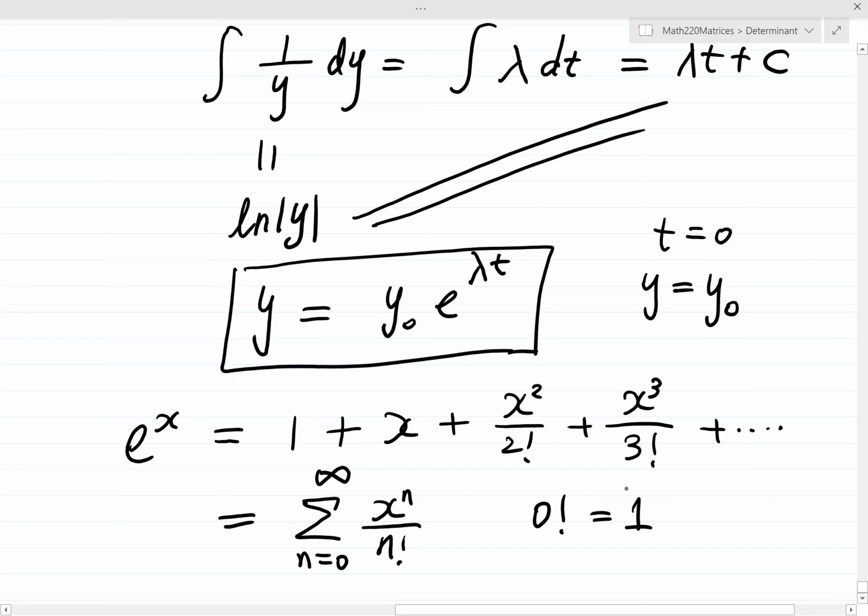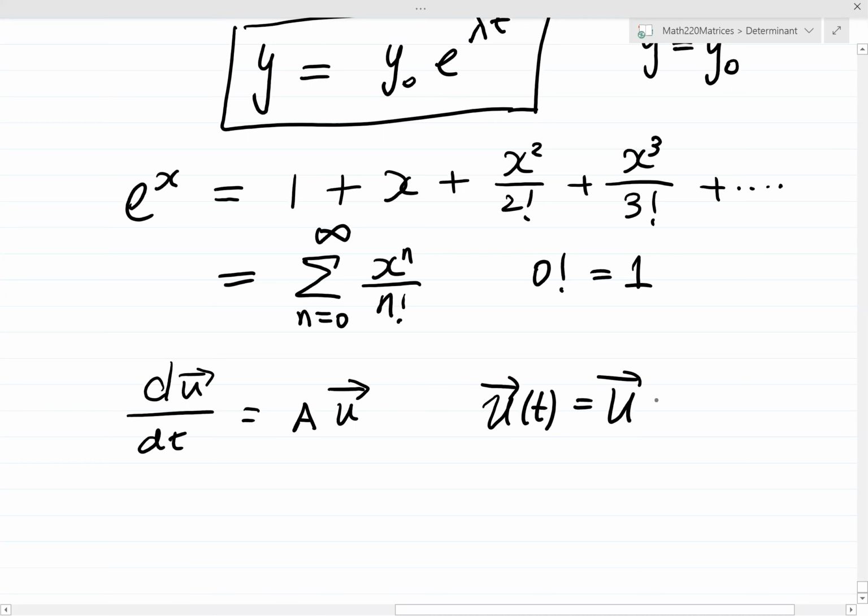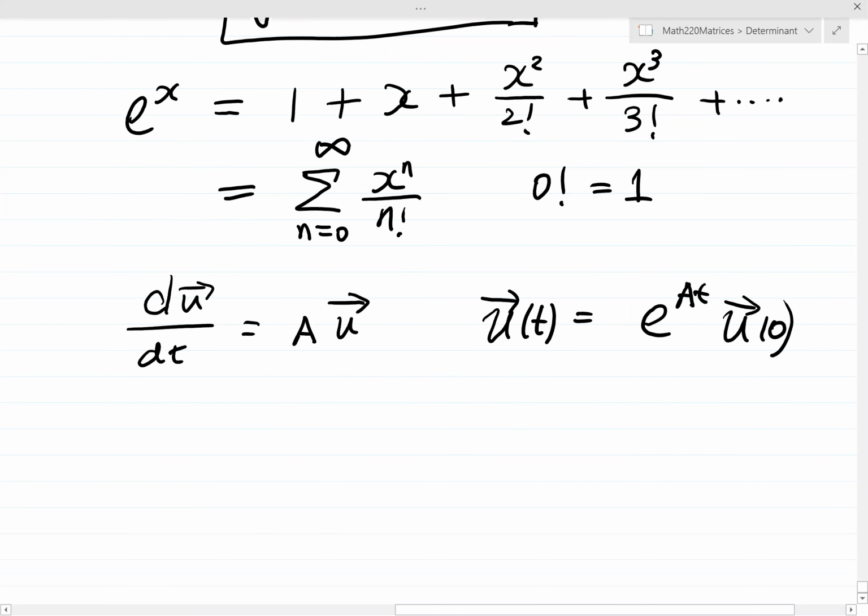Now we define the matrix form. If we have du over dt equals Au, the solution is u(t), where u is a vector, equal to e to the At times the vector u0, where the matrix exponential is defined as this.